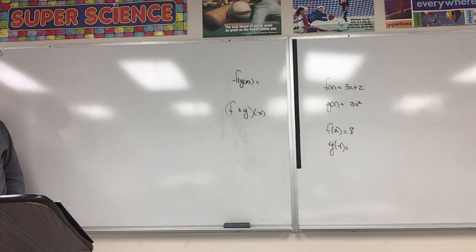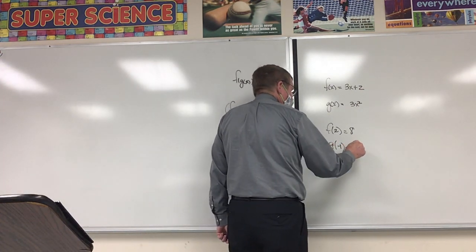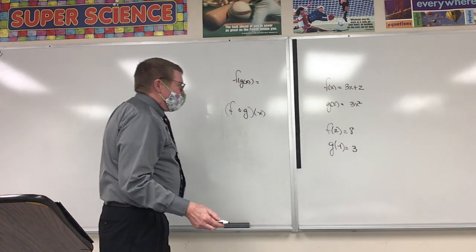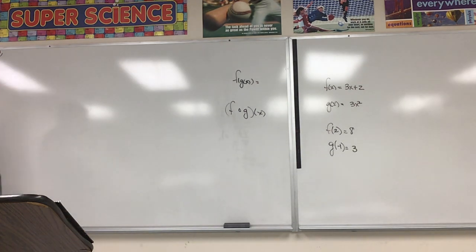If I asked you what was g of negative 1, what would you do? Put negative 1 in for x in the function. Okay, that would make the answer 3. So therefore, when I ask what is f of g of x, what are they asking us to do? Put g of x in for x.